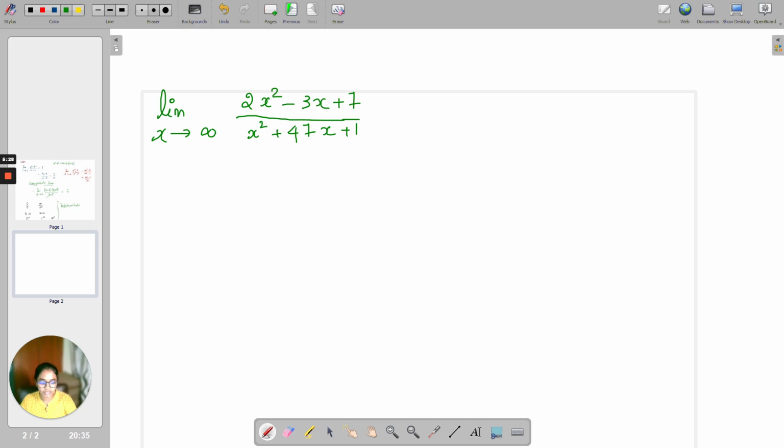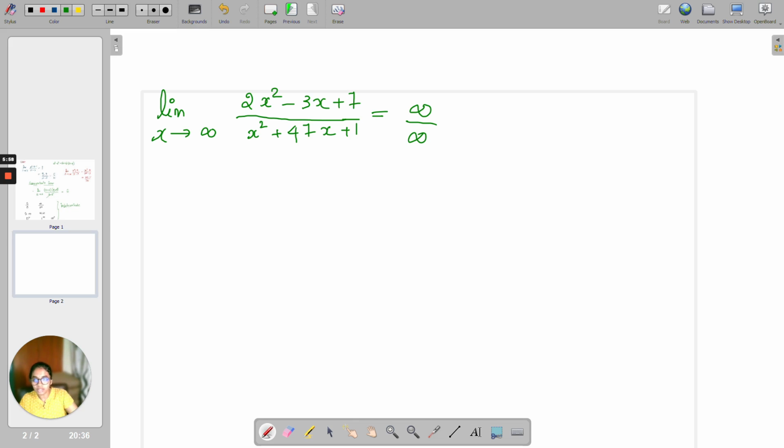Can you pause the video and try simplifying it using the factor method or any method that comes to your mind? You can see that you cannot solve it using the factor method or any other method. So what would you do at this point? Because we are getting an infinity by infinity form here.